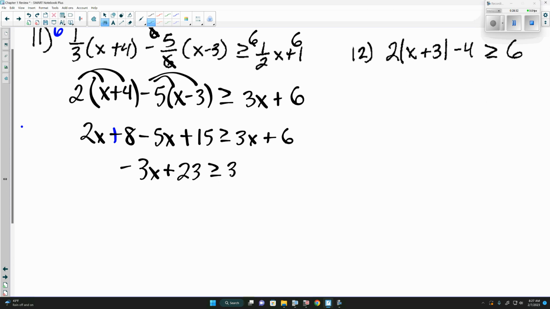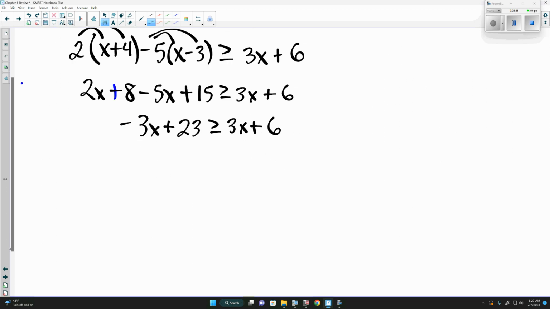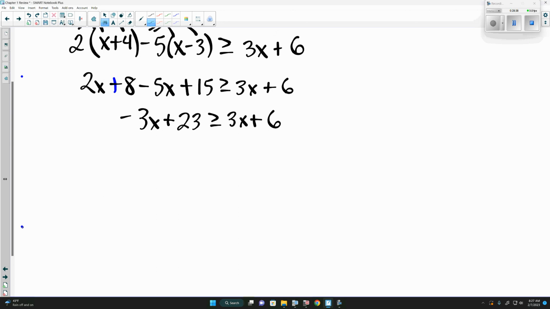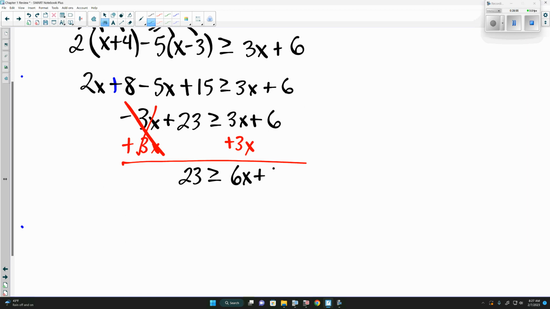Is greater than or equal to 3x plus 6. Now at this point, we do need to get x by itself. So I'm going to add 3x to both sides, because these will cancel, leaving 23 by itself, is greater than or equal to 3x plus 3x is 6x plus 6.